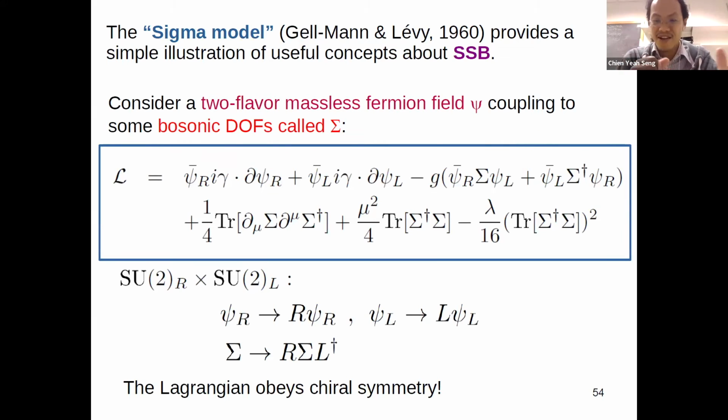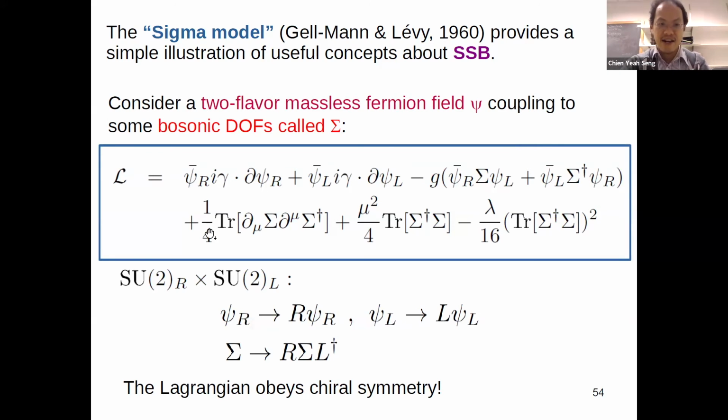To introduce the concept of Nambu-Goldstone bosons in the Lagrangian, we don't start with QCD because it's a bit more complicated. We start with a much simpler model called the sigma model, which is possibly the simplest model that gives you a good illustration of useful concepts about spontaneous chiral symmetry breaking. This was introduced by Gell-Mann and Levy in 1960.